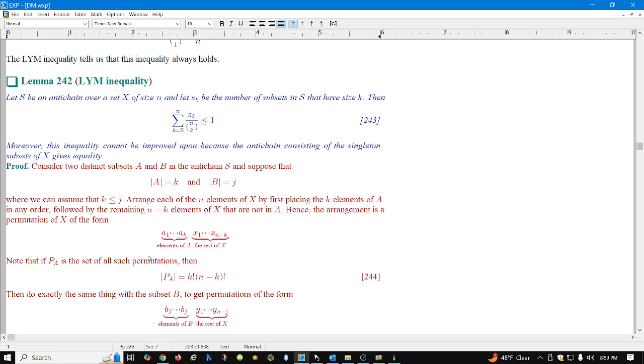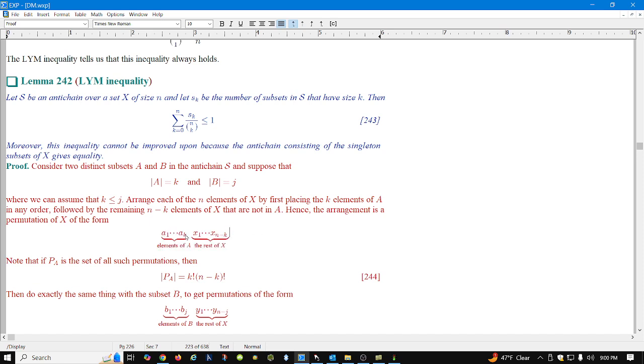Consider two distinct subsets in the antichain. Call them A and B. Suppose that A has size K and B has size J, and we can assume that K is less than or equal to J, otherwise we just reverse the roles of A and B. Now, arrange each of the n elements of the whole set X by first placing the K elements of A in any order you want, followed by the remaining n minus K elements that are not in A. So this is what it looks like.